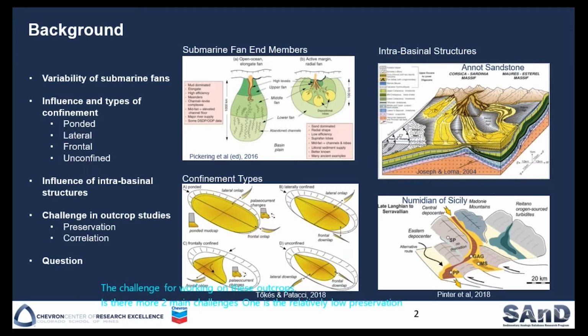The other is difficulty in correlation because of the structural complexity. And the main question we want to answer in this study is how we can use the relatively fragmented outcrop data sets to best answer the relationship between tectonics and sedimentation.